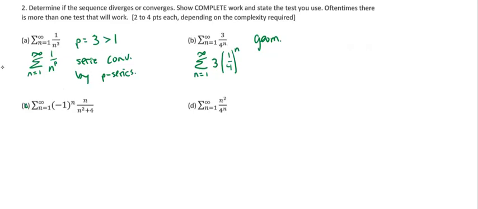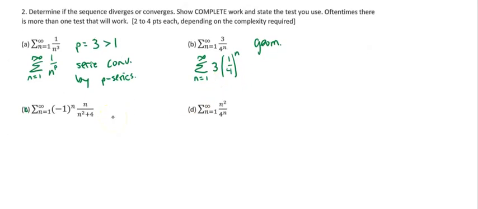The next thing I want to do is identify the ratio. When I write it like this, you get the ratio in this big parenthesis. The ratio here is 1/4. For every additional n value, we're going to multiply by 1/4 one more time. So I'm going to write geometric with absolute value of r equal to 1/4. It's a lot easier to write the absolute value, as we've talked about in class, because then I don't have to write a whole bunch of between -1 and 1.